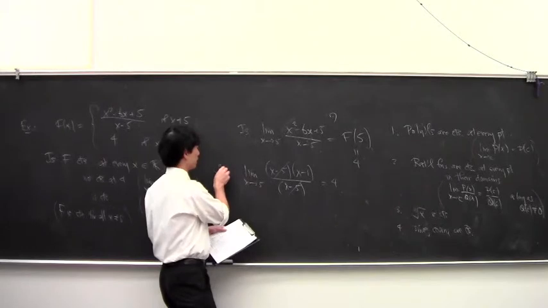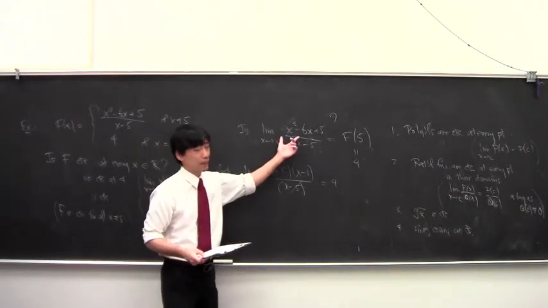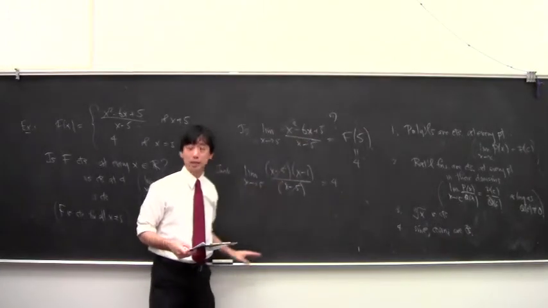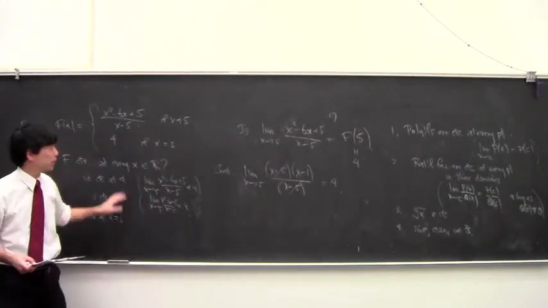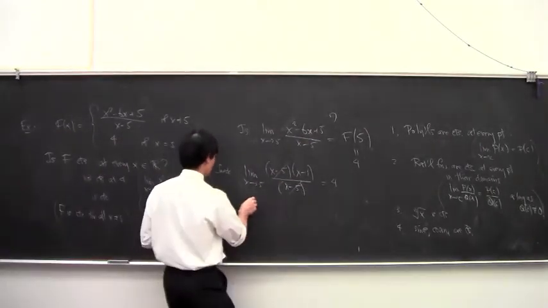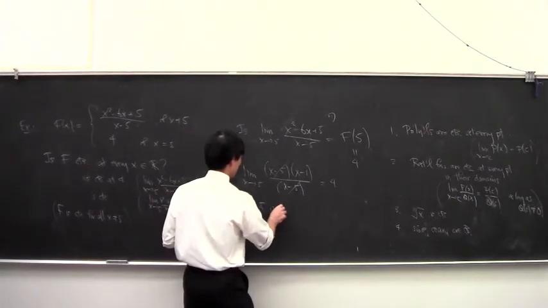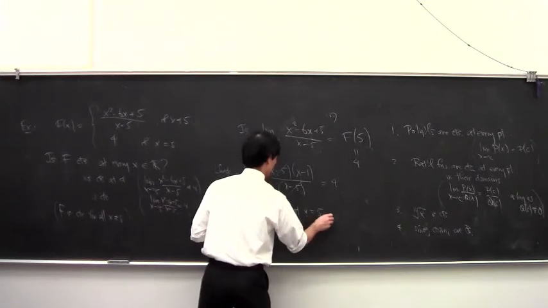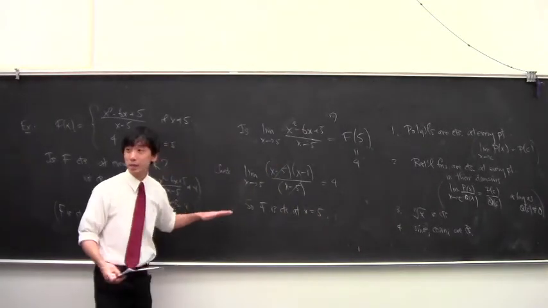You check: the limit of the left-hand side is 4, the right-hand side is 4, so they are equal. So f is continuous at 5 also, and so it's continuous everywhere on the line.